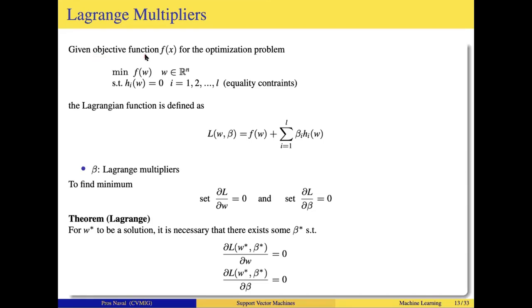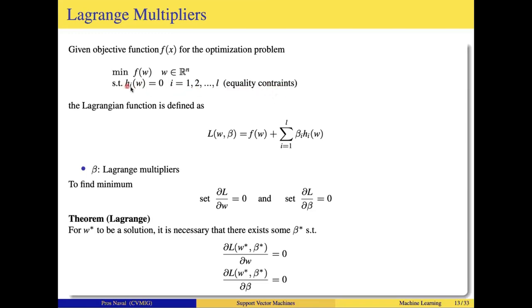Given an objective function f of x for the optimization problem, minimize f of w, where w is an n-dimensional vector whose elements are real numbers, such that h_i of w is equal to 0 for i equals 1 to L. So here we are imposing equality constraints.